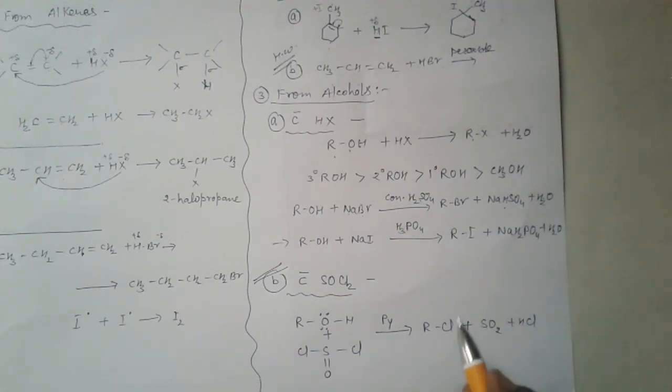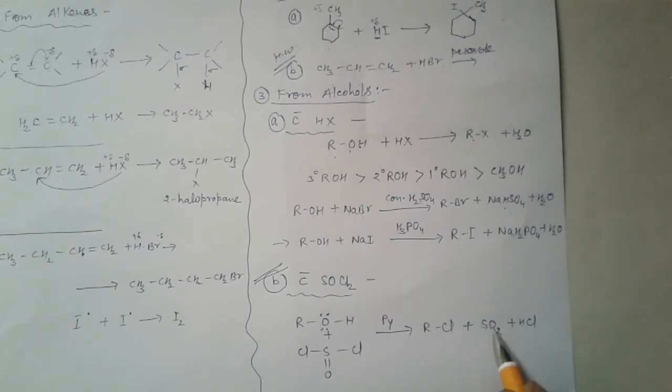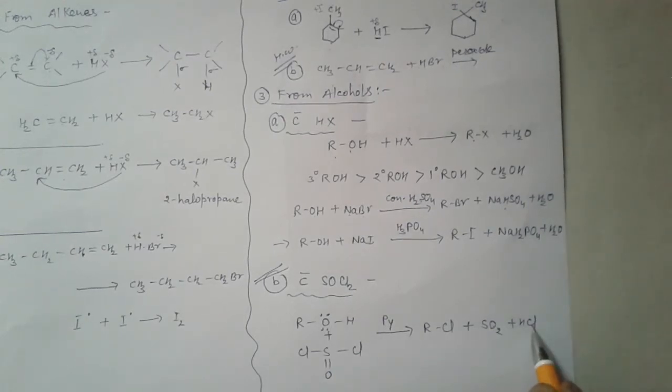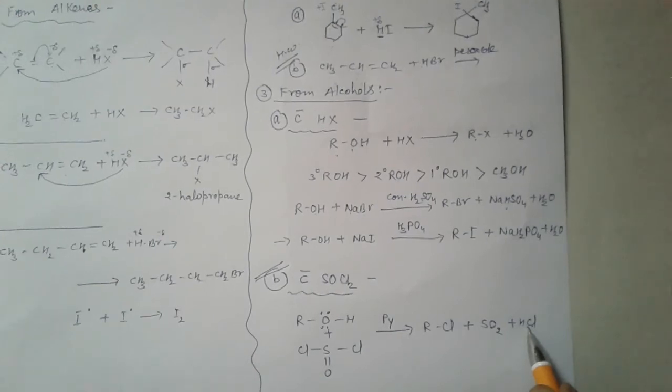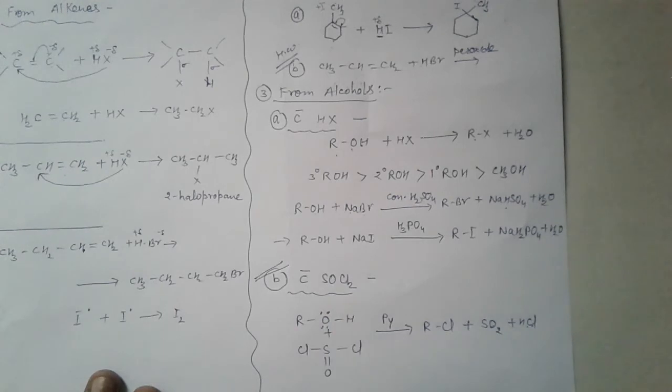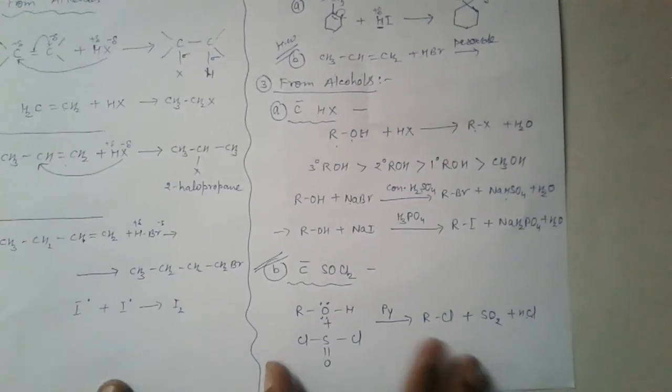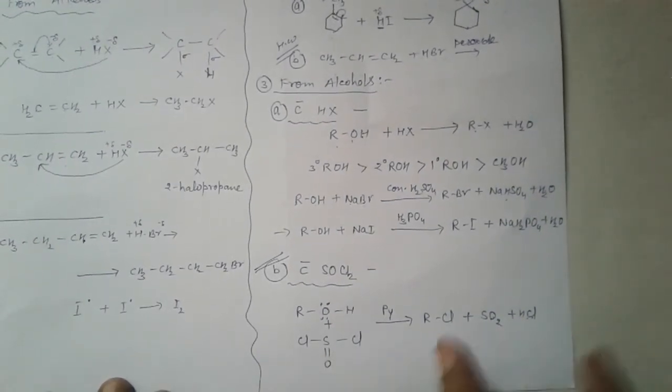Here, two gaseous byproduct SO2 and HCl gas also obtained. SO2 easily escapes and HCl is absorbed by pyridine. Very important chemical reaction known as Darzens reaction.